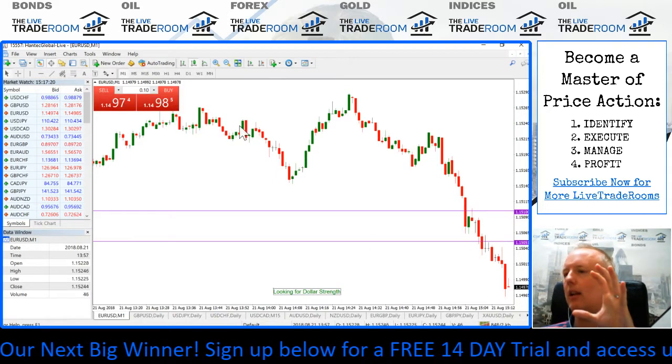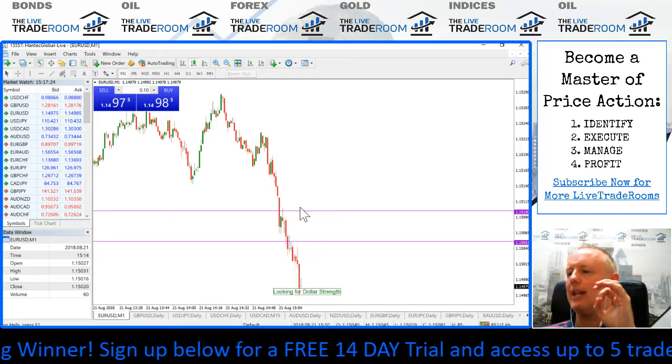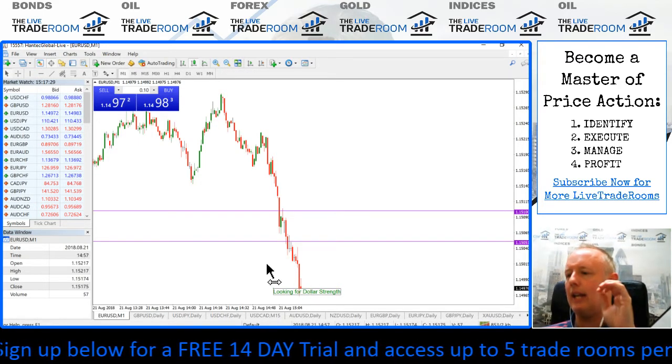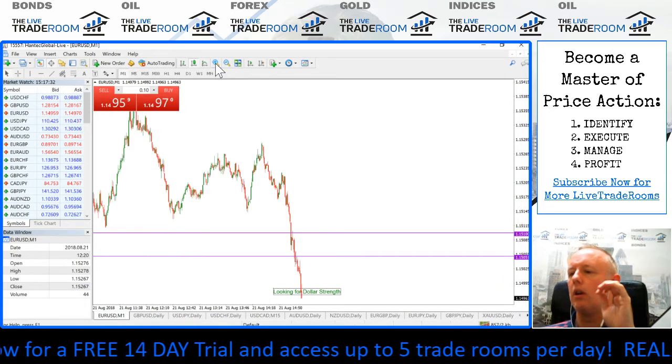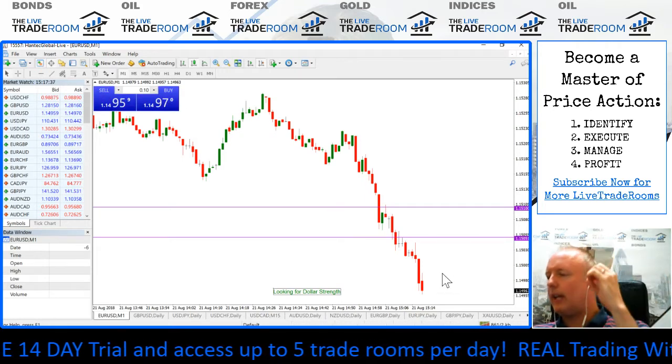Now we're getting that lovely flush to the downside. So what we want to do is to capitalize on a bit of a pullback now in this market. So we're getting that strong move. We are currently below the 1500 level.